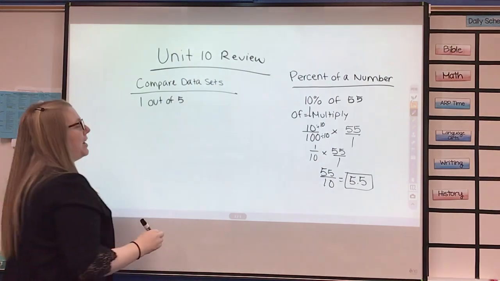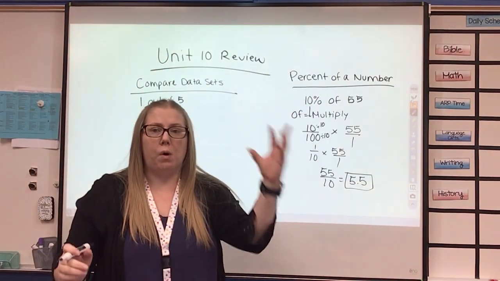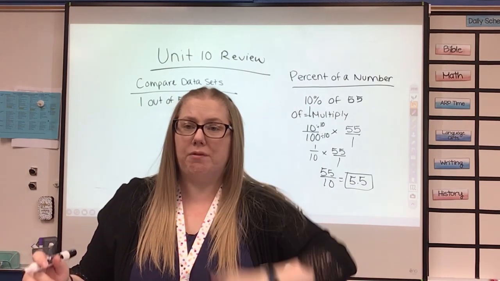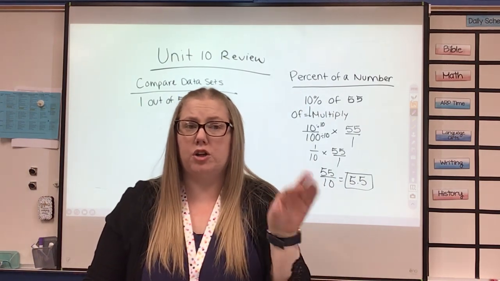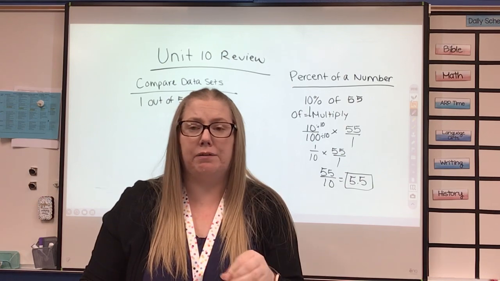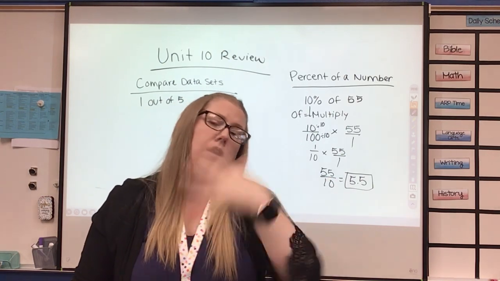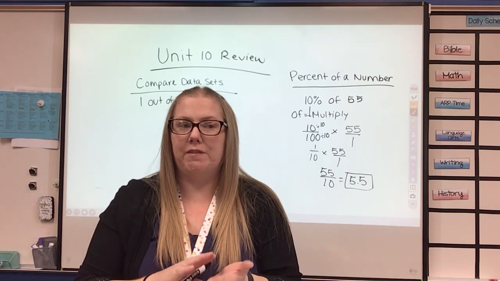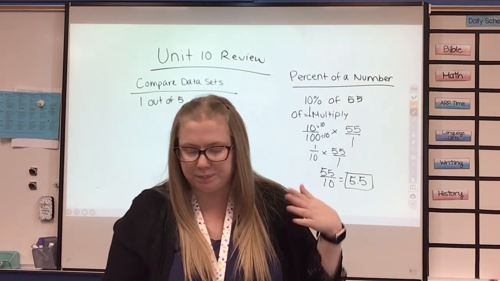Okay, and when I see 1 out of 5, that means I have 1 over 5 because I have 1 out of 5. Okay, I have 1 jelly bean out of 5 jelly beans that I'm eating in my hand.